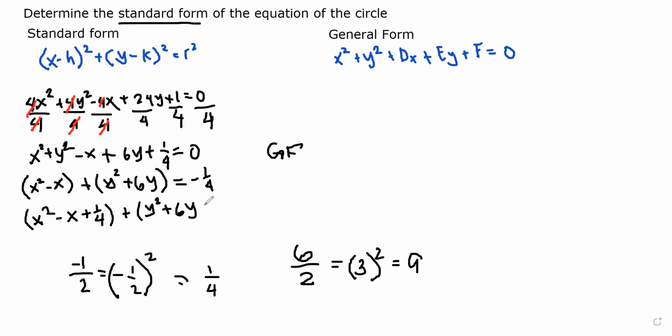So the third term is positive 9. Then equals negative 1/4. Since you added 1/4 here and 9 here, to make the equation balance, you need to add 1/4 also here in the right hand side, and 9.